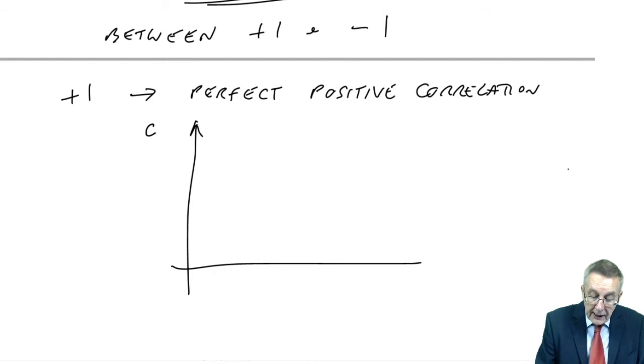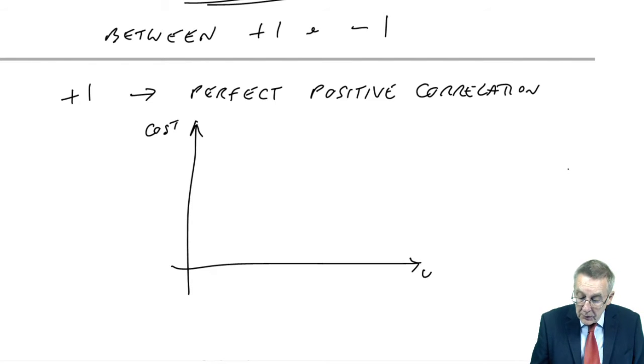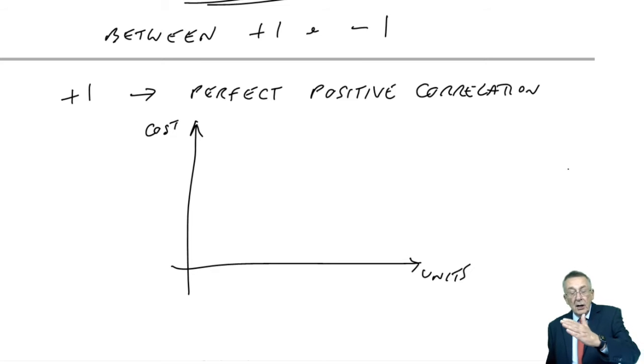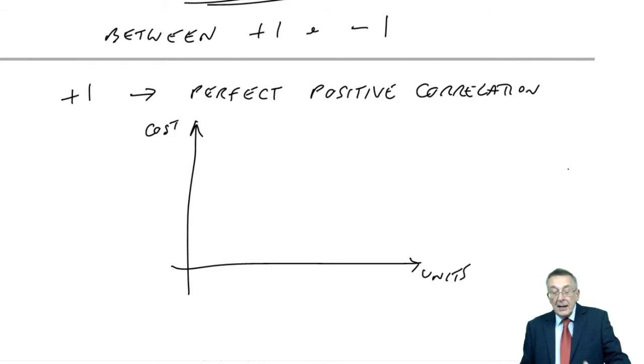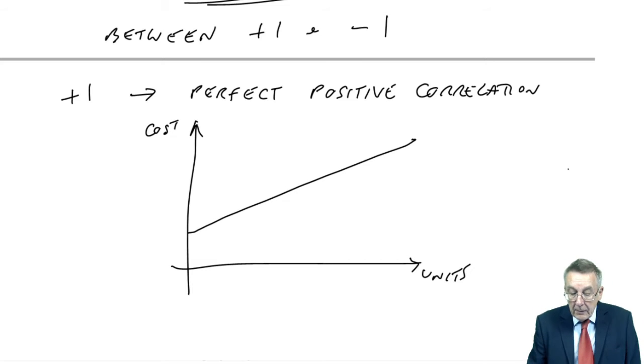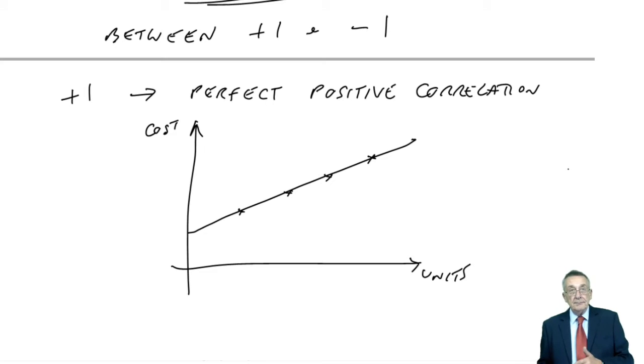So here, when we were looking at cost as against units, more units you expect more cost. Well, if it was perfect correlation, the points would be exactly on a straight line going up.